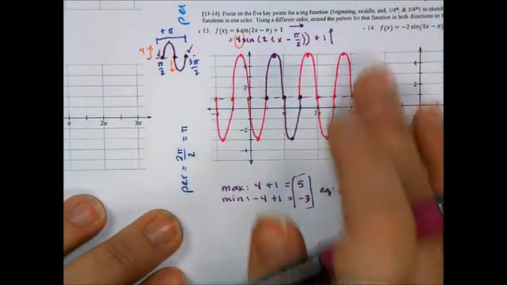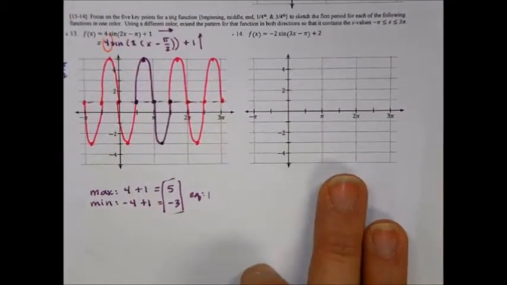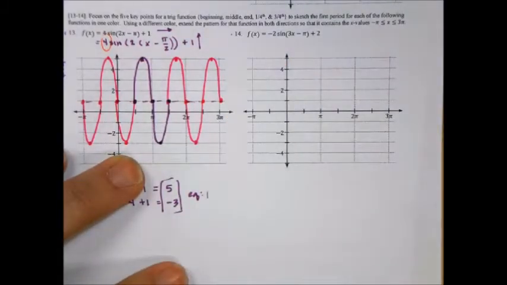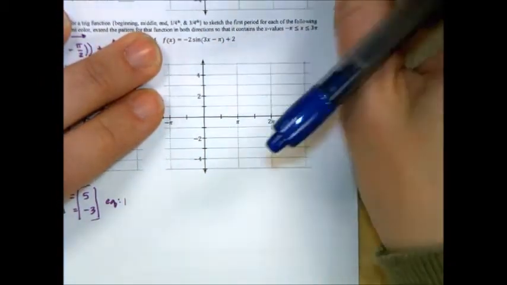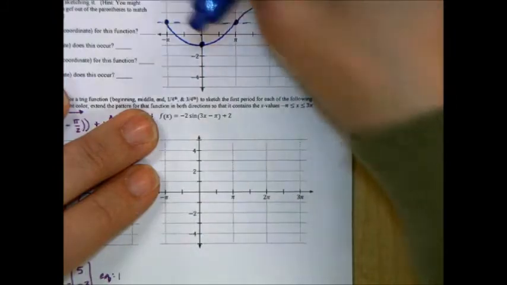So let's try that with problem number 14. Okay. This sine graph is negative. So it's first going to, just like the graph above on number 12, it will reach its minimum before its maximum. So that is what our mapping should look like.